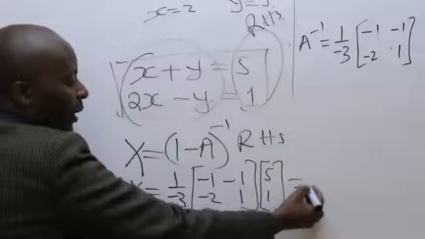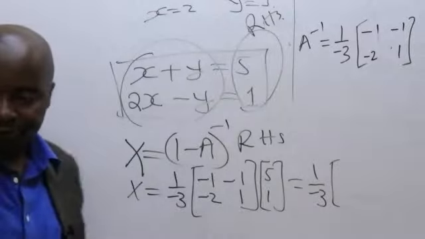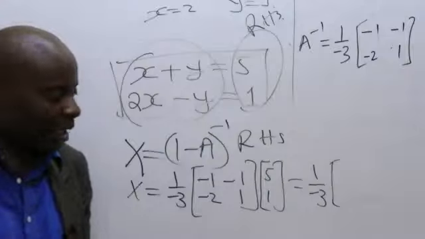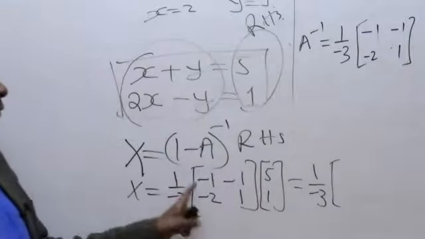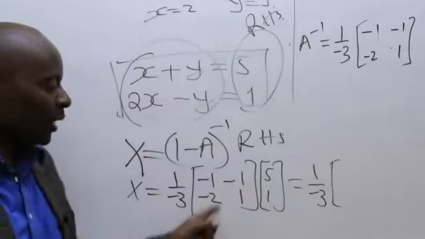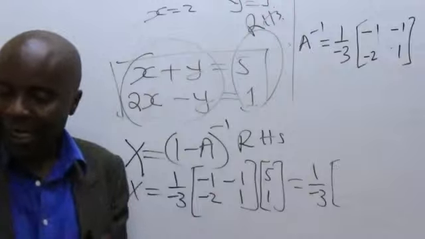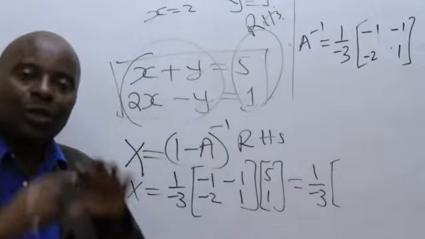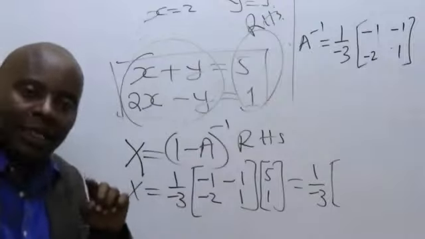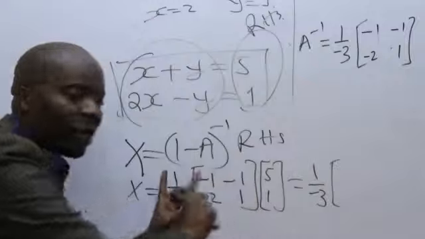Ladies and gentlemen, I will leave the scalar out first so that I give preference to multiplication of the 2 matrices. When it comes to multiplication of a matrix, that is an easy thing. I will use a row multiplying a column.